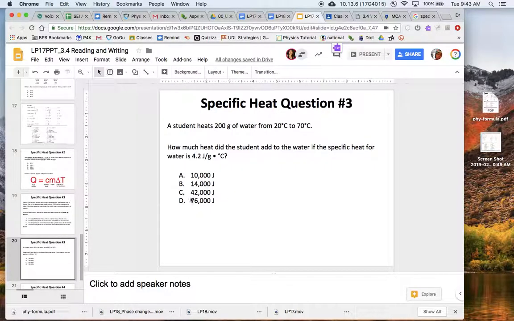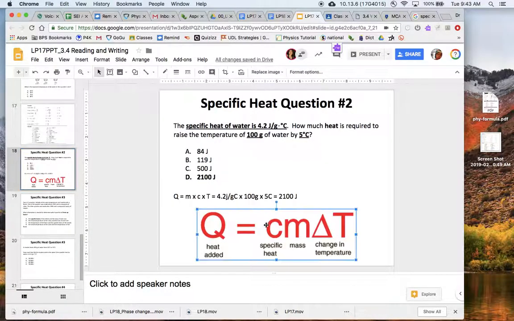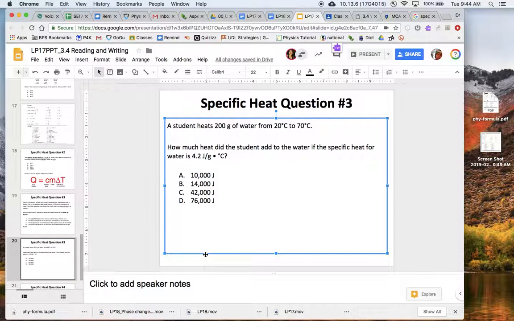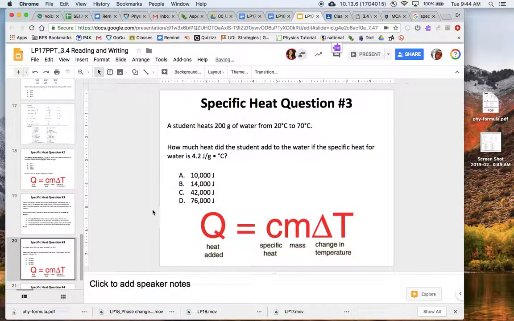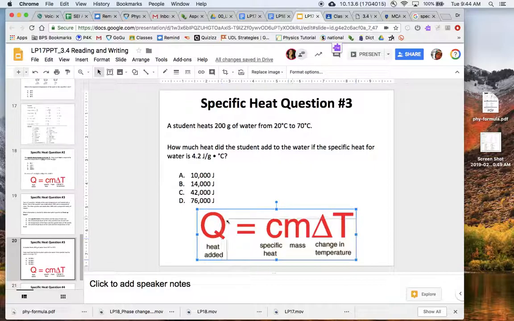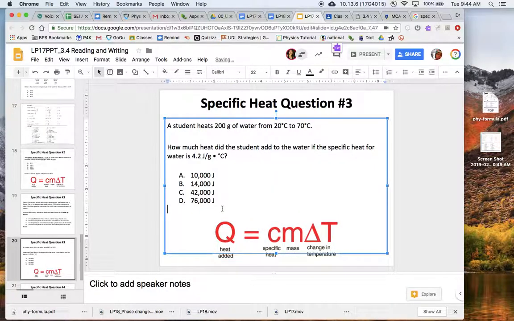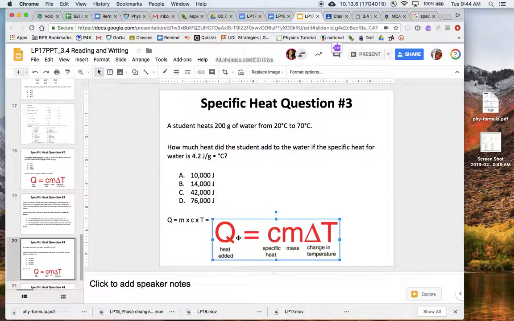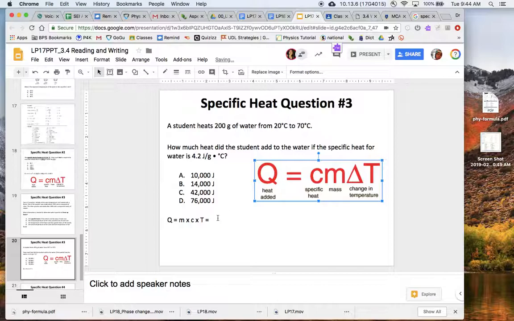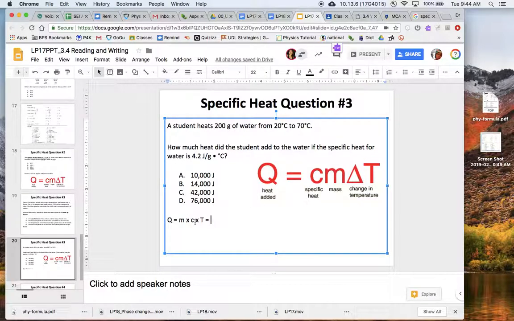Let's go to the next one. So this is similar to the last one. So here we want to calculate specific heat, or excuse me, heat. And we're going to use the same equation. Q equals M C T. And we multiply those. I know that C is the specific heat.